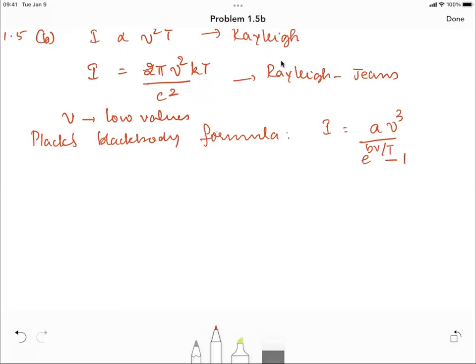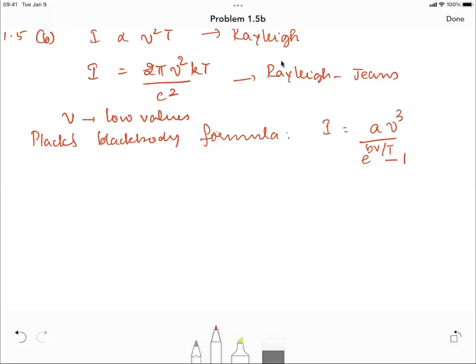This formula is applicable whether we're dealing with high frequencies or low frequencies. We have just shown in part A that at high frequencies, Wien's law is a good approximation. Now we have to show that on the other end, at low frequencies, it can be approximated to the Rayleigh-Jeans law. That shouldn't be so hard.